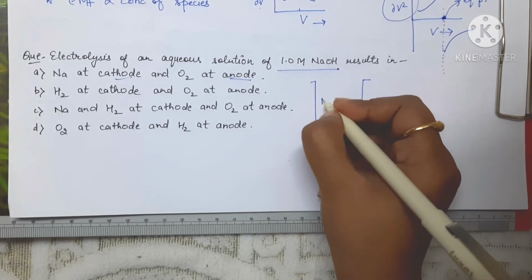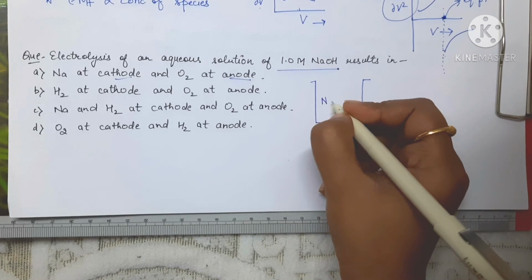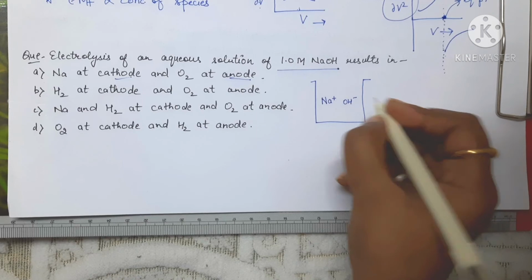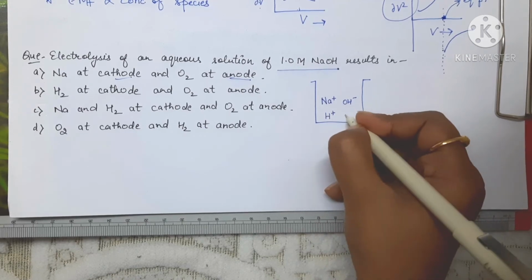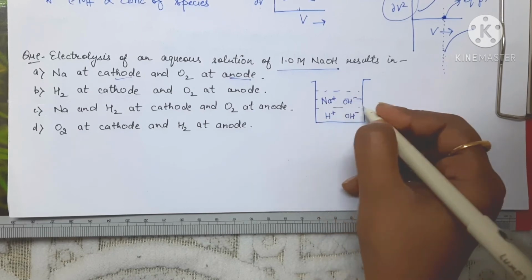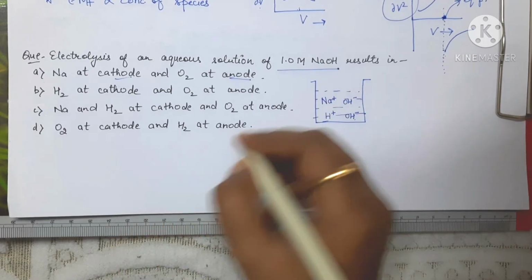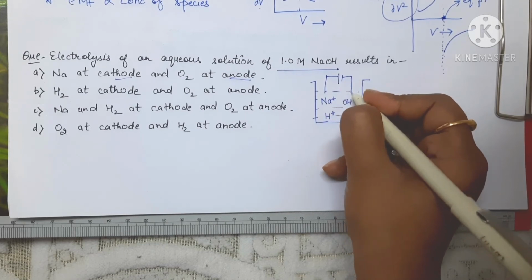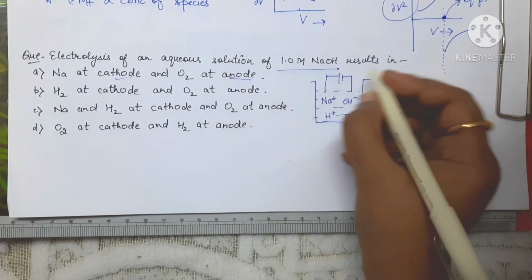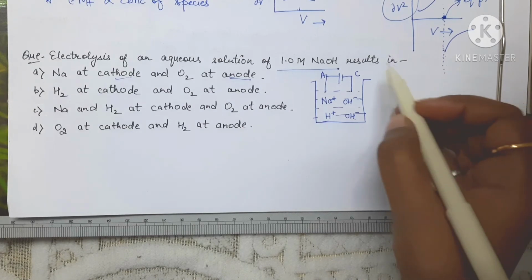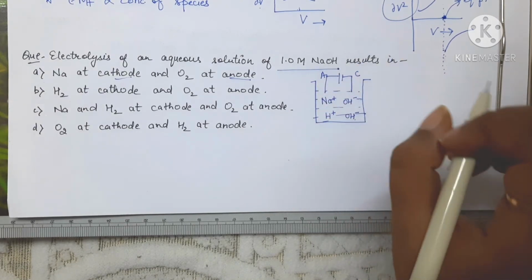So after electrolysis, the ions which we are going to get are Na positive, OH negative due to NaOH, and H positive and OH negative due to water, because we are having sodium hydroxide in water. And then we perform the electrolysis process, right? And at anode and cathode, what we are getting, that we have to find out, right? So this is so far what we have been given.